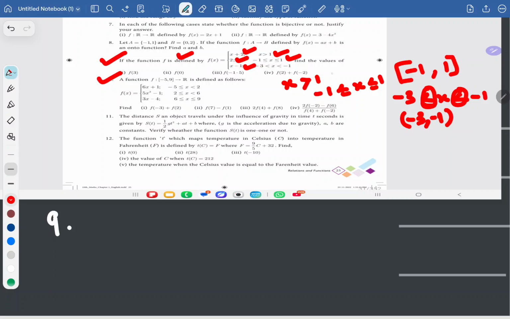Here x greater than 1, 1 is not included because it is strictly greater than 1. If the inequality has an equal symbol, that value must be included. Here x greater than 1, closed minus 1 comma 1. This is for the first case. Second case, third case, open interval minus 3 comma minus 1. Very important, these simple things are needed to solve problem number 9.